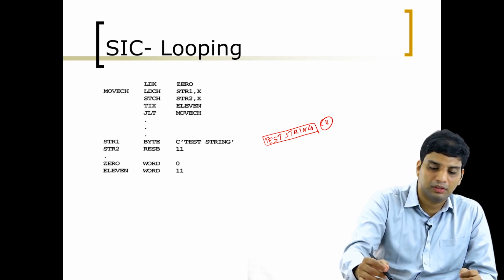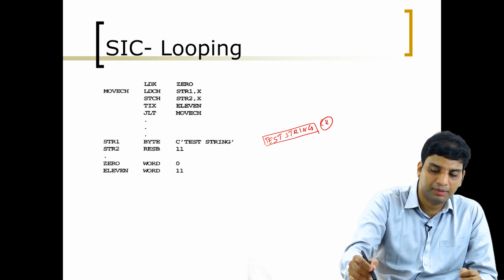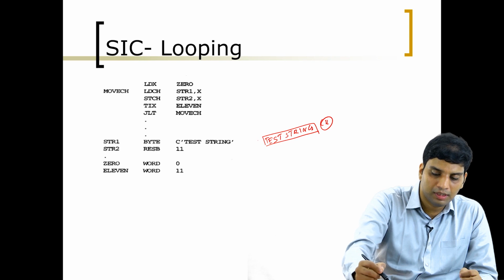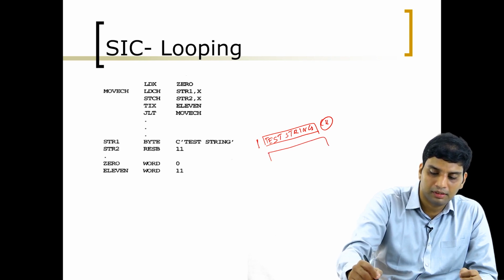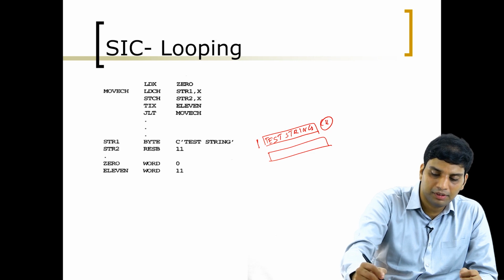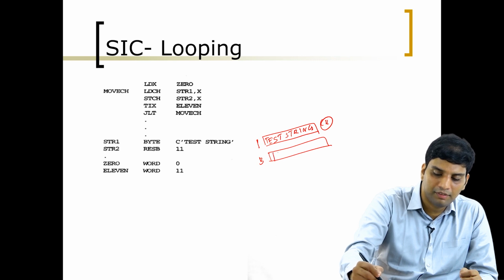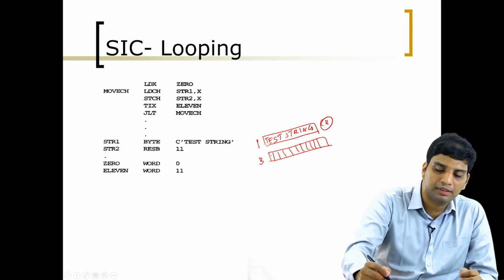Then string 2. So string 1 contains something called test string. String 2, I am reserving. See, reserve byte. And this byte contains 11 places. 1, 2, 3, 4, 5, 6, 7, 8, 9, 10, and 11. Here we have reserved a byte.